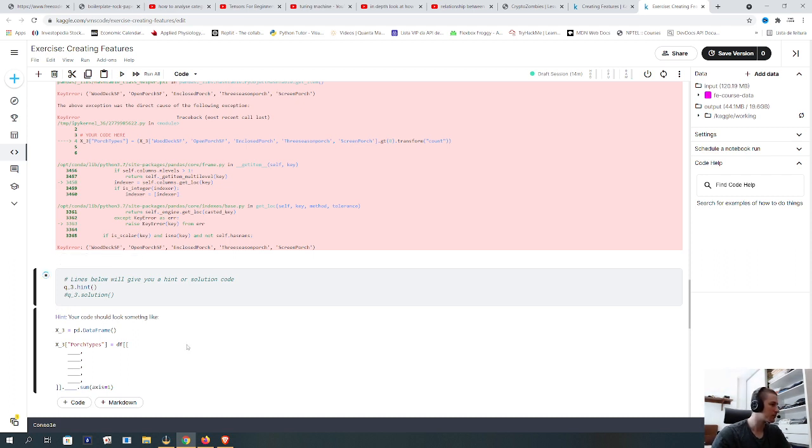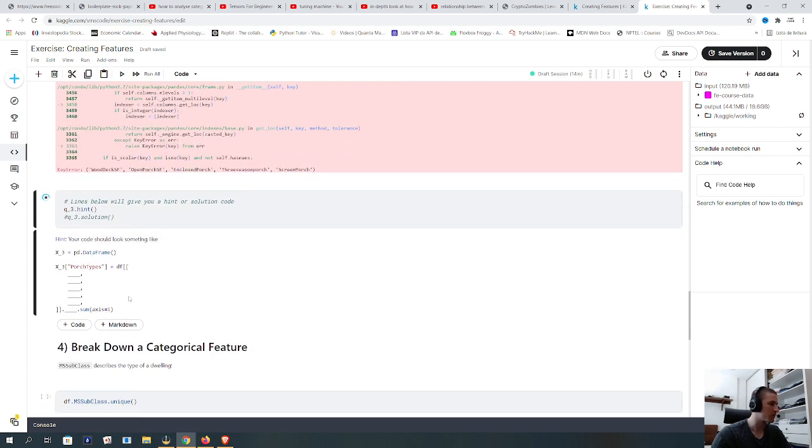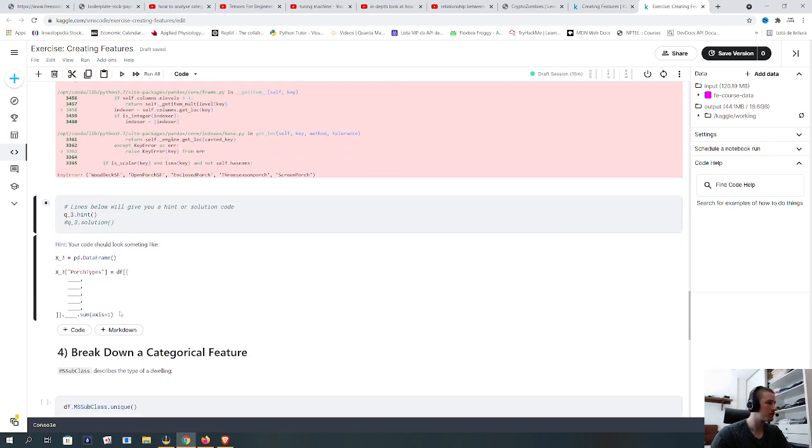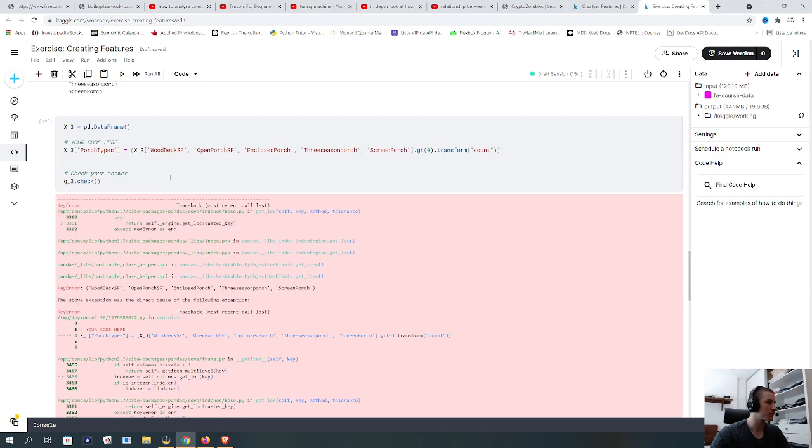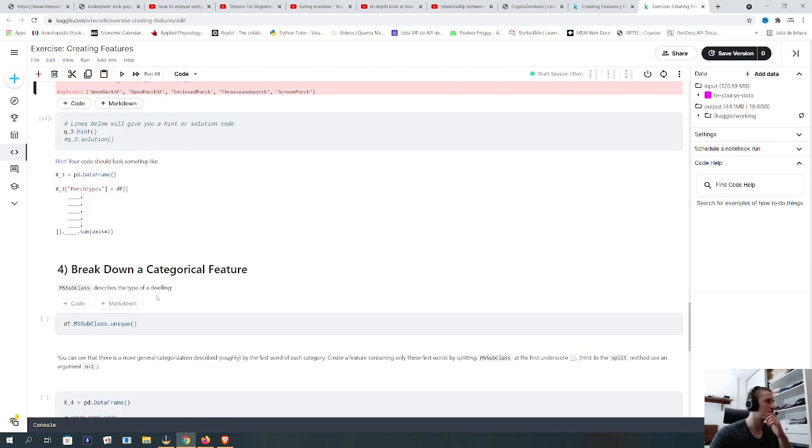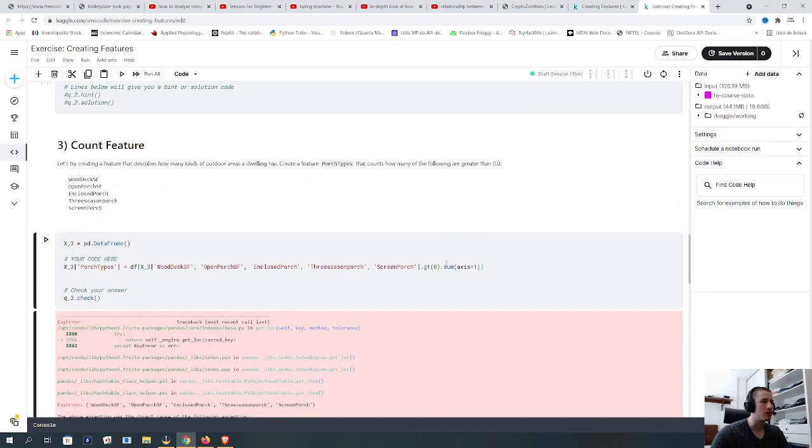Data frame. So it is sum. Let's see if this works. So the sum is outside of the data frame.